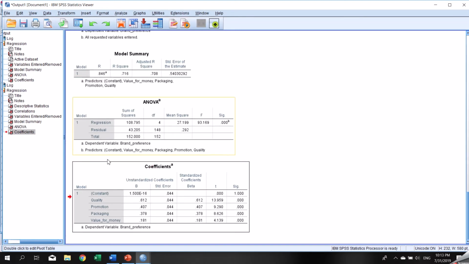Next, we'll look into the coefficients. First, we'll look at the significance level. The significance level should be lower than 5%, and you can see it is lower than 5%. Which means that the coefficient is not 0. So for that we can write down our model, our regression function.